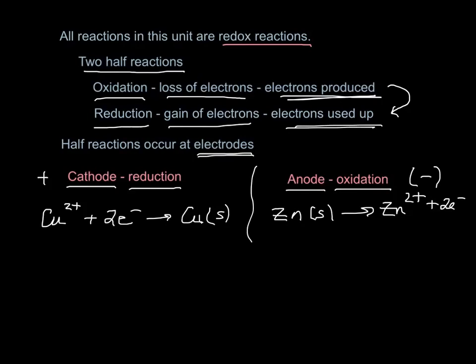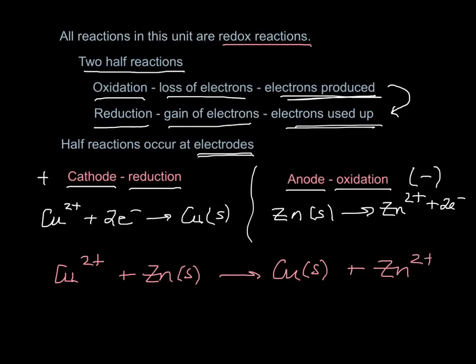And then the overall reaction of these two things, we would just combine them, right? And we would say copper 2 plus, zinc solid, produces copper solid plus zinc ion. So what happened to the electrons? Well, they canceled out.